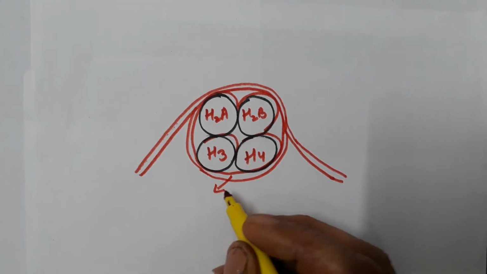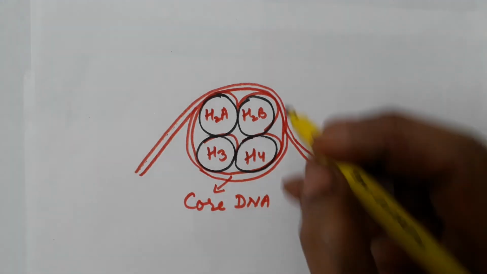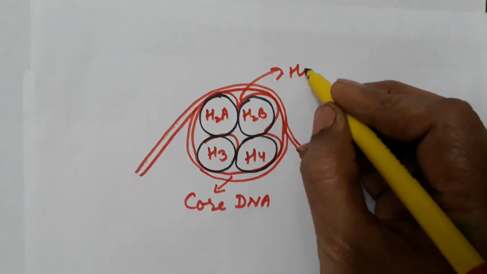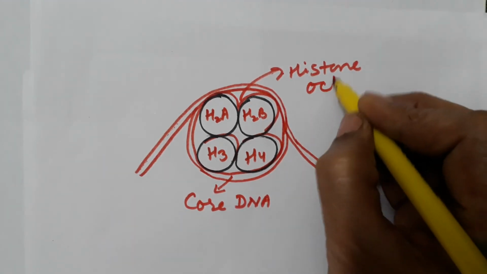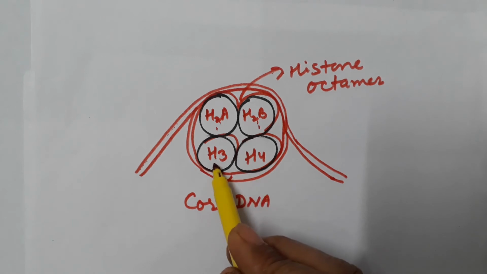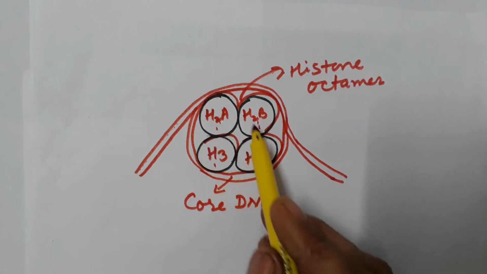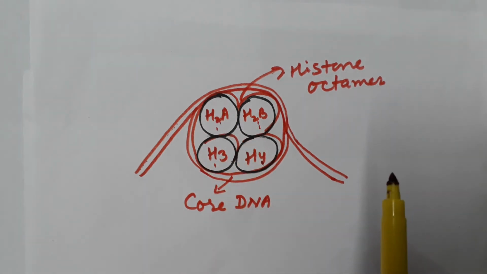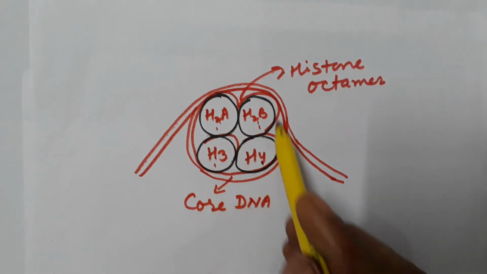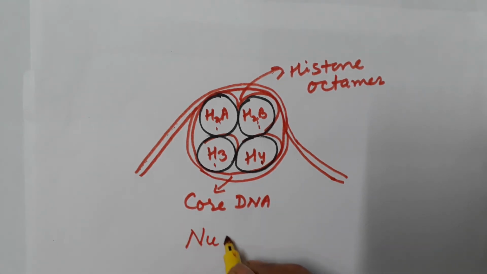This is known as the core DNA. The histone octamer has 4 types of protein, H2A, H2B, H3 and H4, all two in number, so we get 8 protein molecules inside it. Around it the negatively charged DNA is wrapped, and this wrapped DNA is known as the core DNA. This is the structure of the nucleosome.